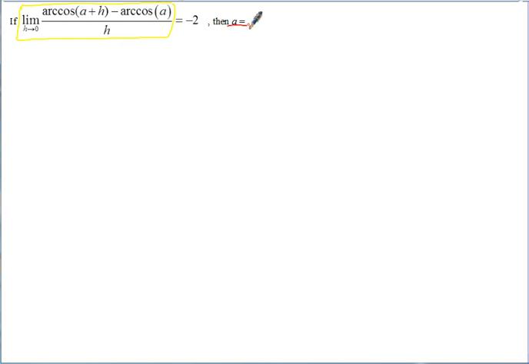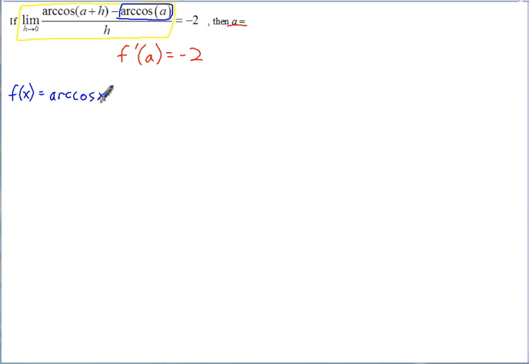We're trying to solve for a. So what this represents is f prime, not of x here, but of a. And we're told already what it equals, negative 2. So we just have to recognize again what f of x is. You can see right here, the arc cosine of x. A just represents the specific x value that's being plugged in. So we don't do that until we find the derivative.